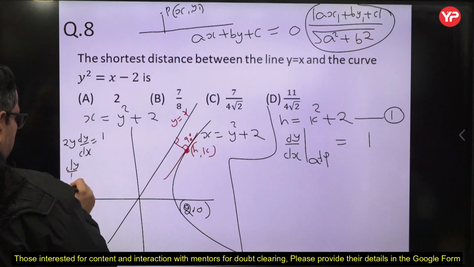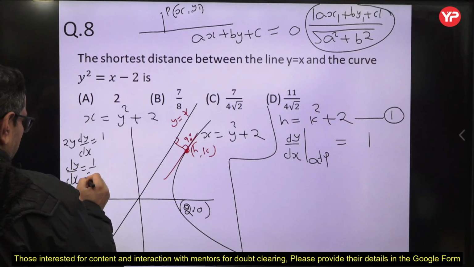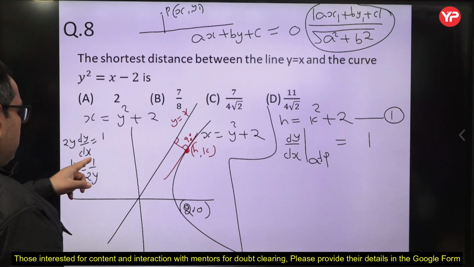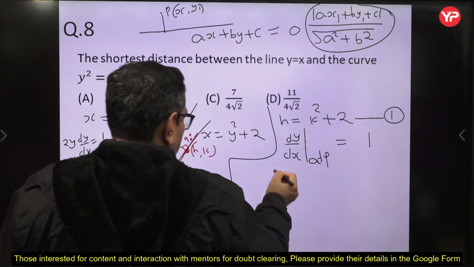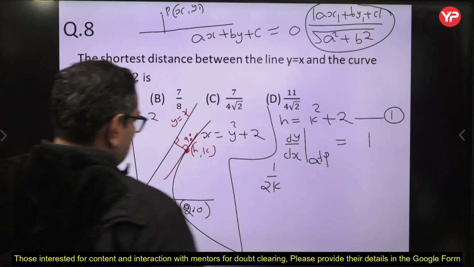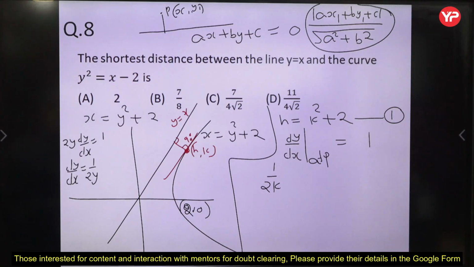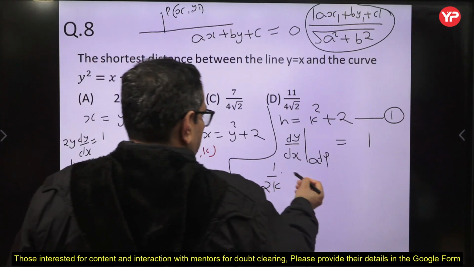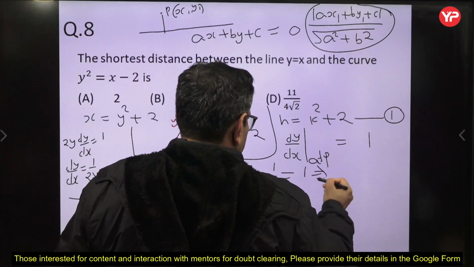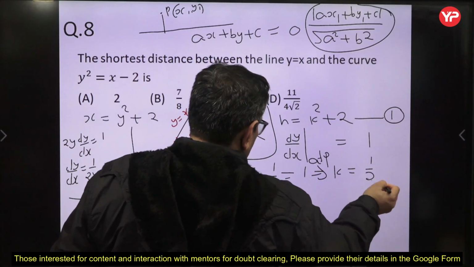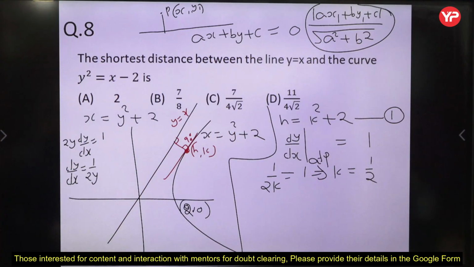So dy upon dx is equal to 1 upon 2y. Here the slope will be 1 upon 2k. This is the value of the derivative, and this should be equal to 1. So k should be equal to 1 over 2. Clear to all? k is equal to 1 upon 2.